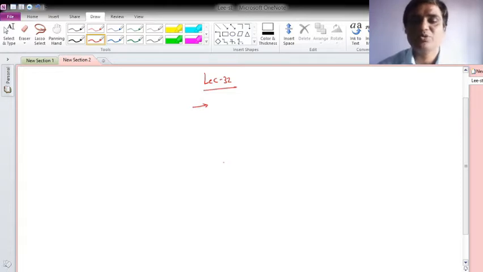In the superposition theorem, suppose I have a network which consists of, let's say, 3 voltage sources and 2 current sources, and I would like to obtain a particular branch current. You activate one source and deactivate all the other sources, which means nullify them.